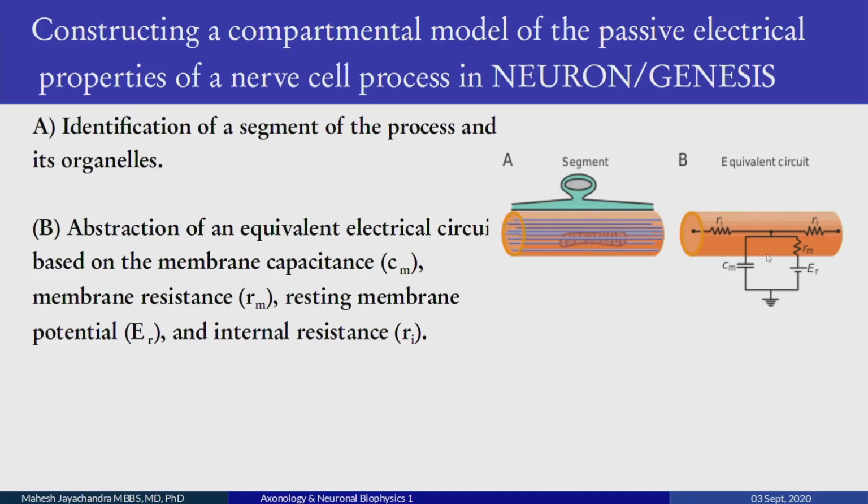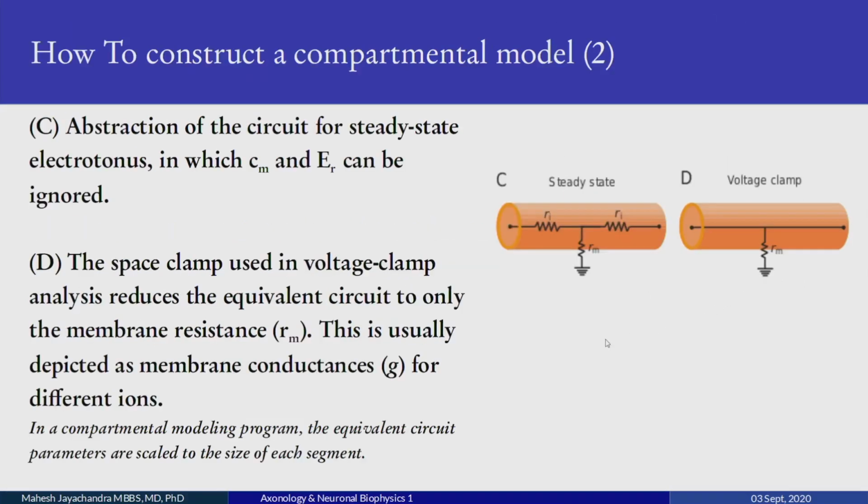So you have Cm, which is the membrane capacitance. You have internal resistance Ri, and then you have, of course, the resting membrane potential, here it's Er, and then you also have Rm. Okay, so we abstract this whole thing into this, and it actually works pretty well, surprisingly.